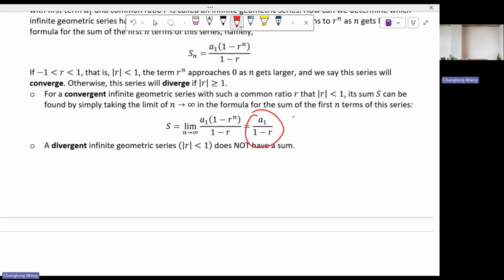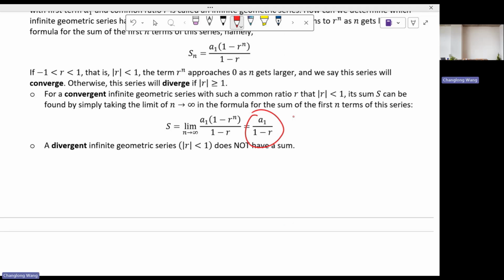Can you imagine taking a number smaller than 1 to a higher and higher power? It's going to get smaller and smaller. So you take a number smaller than 1 to the infinite power, and that number becomes infinitely small.